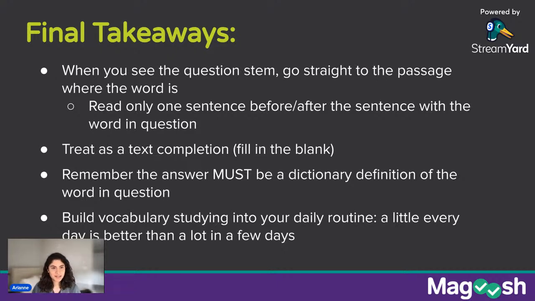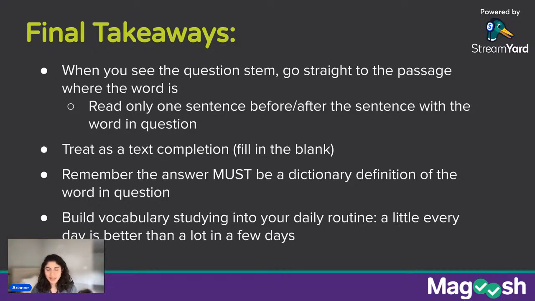So when you see the question stem, feel free to go straight to the passage where the word is. You don't need to read the whole passage. Okay? You will be okay with reading only one sentence before or after the sentence, as long as you can understand the context surrounding the word in question.